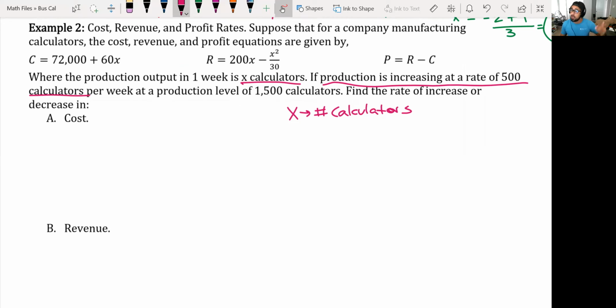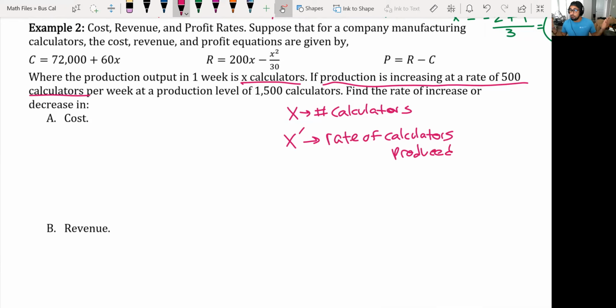Derivatives also mean slope or rate of change. So you see these words increasing at a rate. This means they're already giving us a derivative. So what this is saying is that they are giving us x prime. x prime is the rate of calculators being produced.